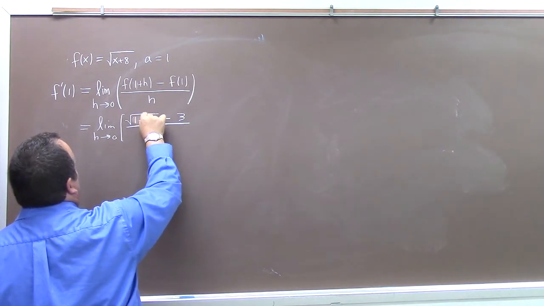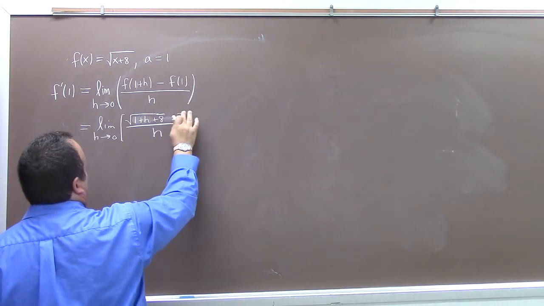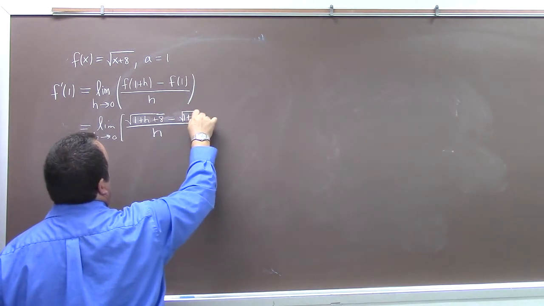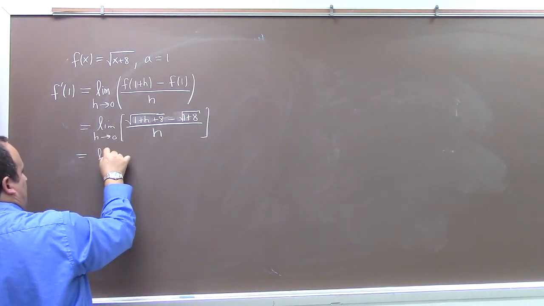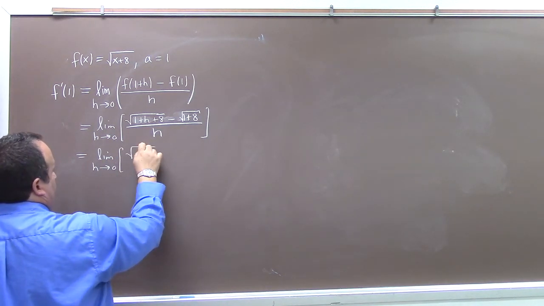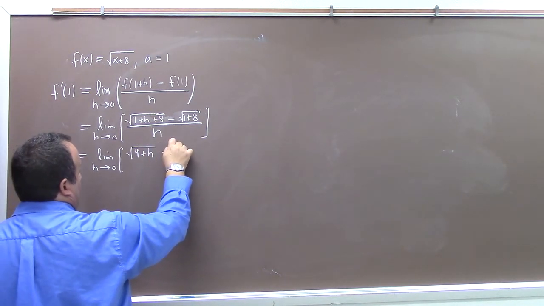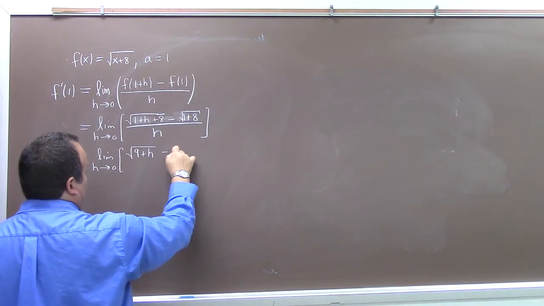The square root of 1 plus h plus 8 minus the square root of 1 plus 8, which simplifies to the square root of 9 plus h minus 3. Or you could write the square root of 9 if you like, whatever. I'll write 3.